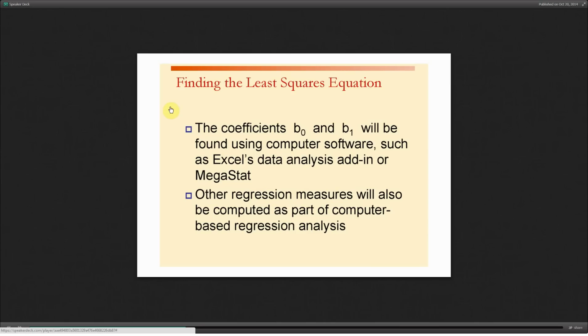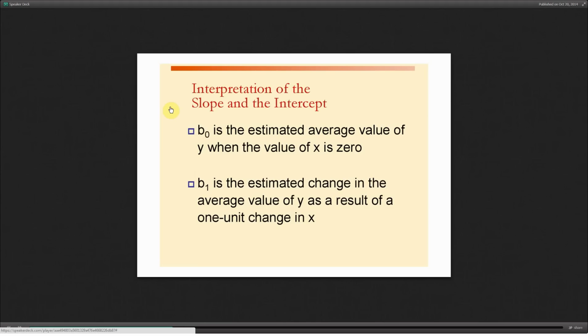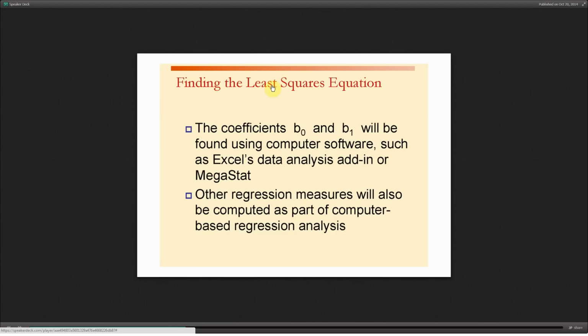We'll call that b1. So how do you find the least squares equation? Now, we call it least squares because the way we do the estimate for the regression, the way we actually come up with the best fit line for b0 and b1, is we look at the sum of the squares of the errors. So those epsilon i's, we look at the sums of the squares of those.